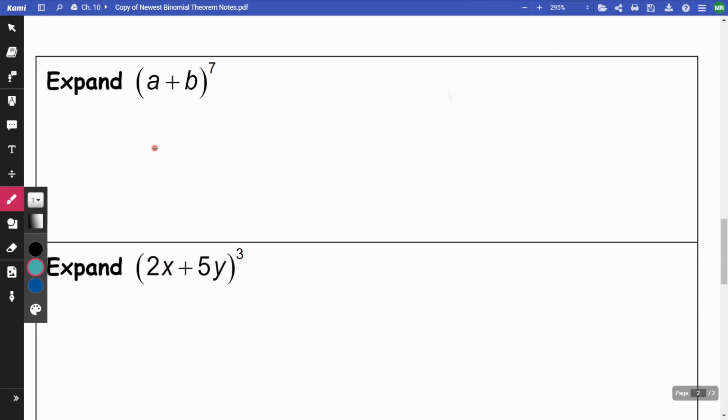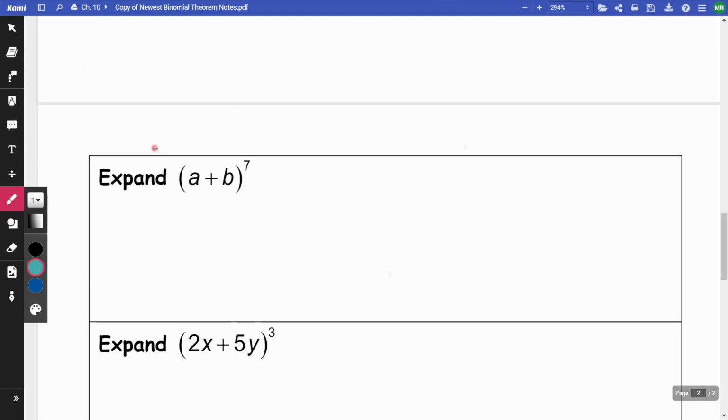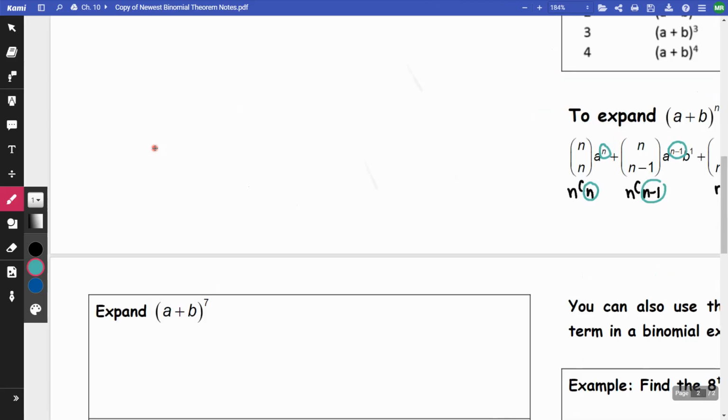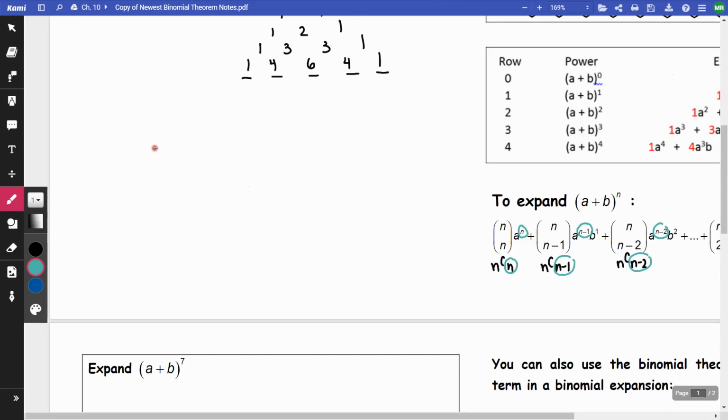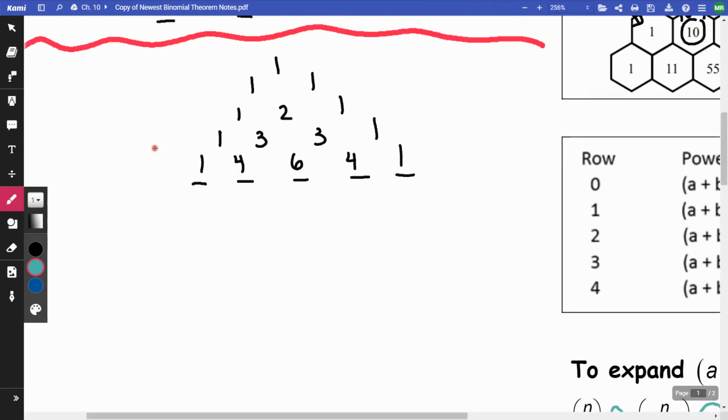So when I was expanding this, since this is a 7, I'd have to go to the row that had 1, 7. I know we have it here, but let me just show us again.